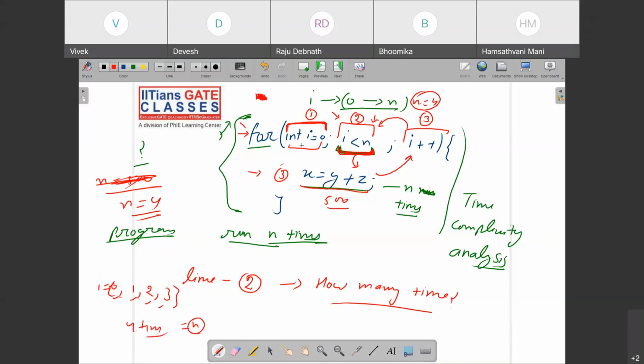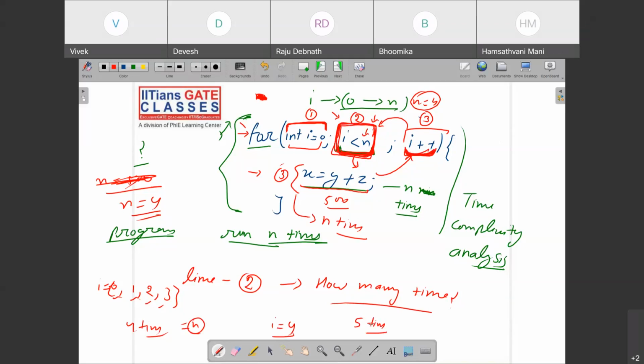So this line will execute n times. But when i becomes 4, by executing this line i will become 4, and this condition will fail. So this second step, or you can say this highlighted step, will execute actually how many times? 5 times.